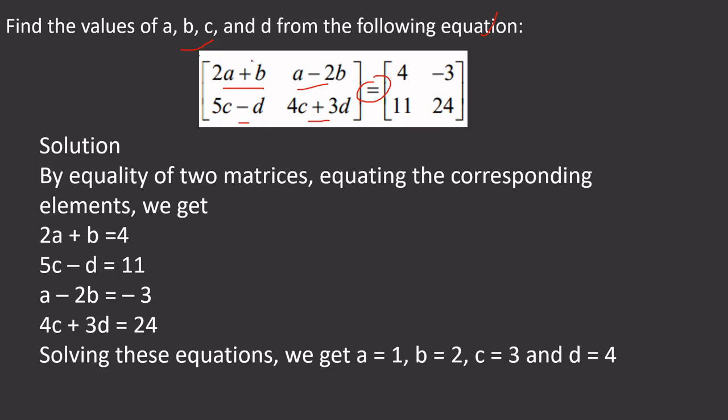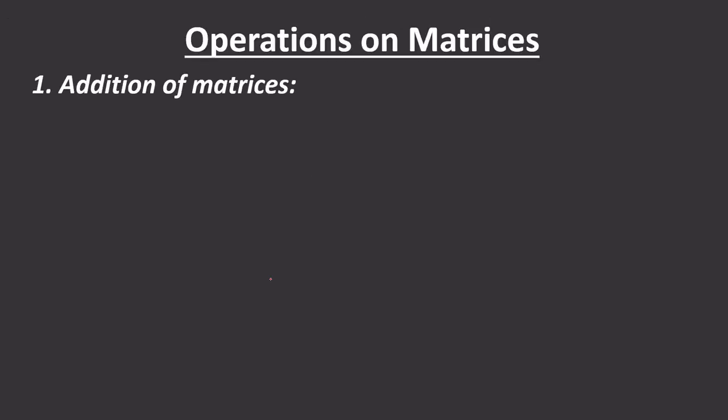We know that the corresponding elements are equal, so we write it like this and solve the equations. After solving these 4 equations with 4 variables, we can easily find the answer by elimination.